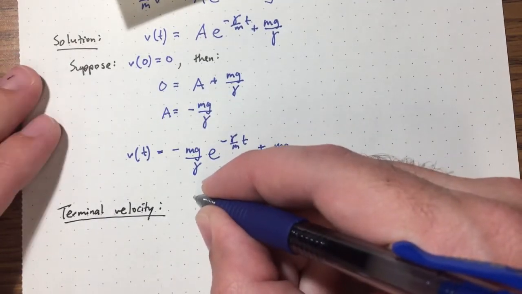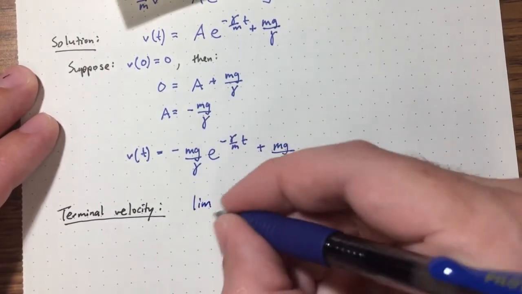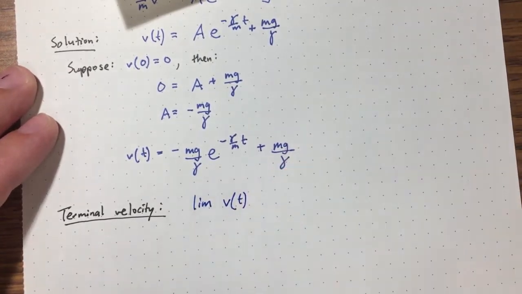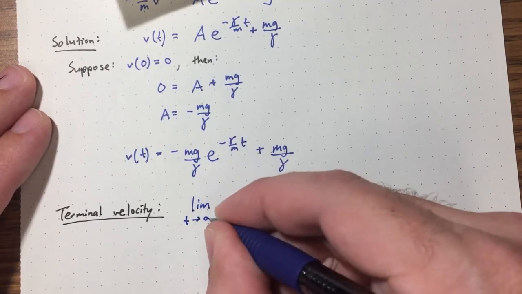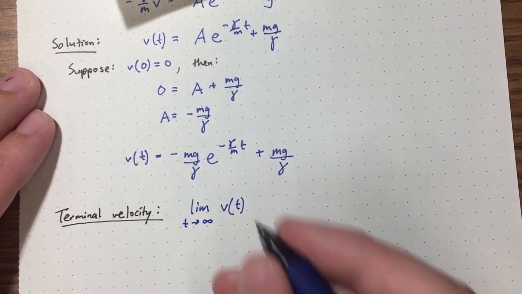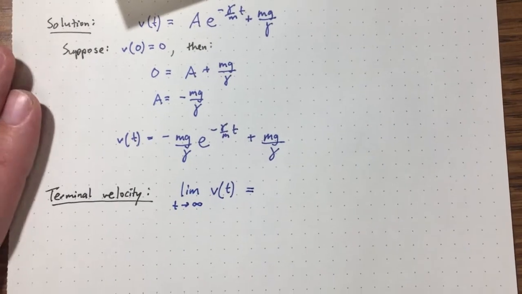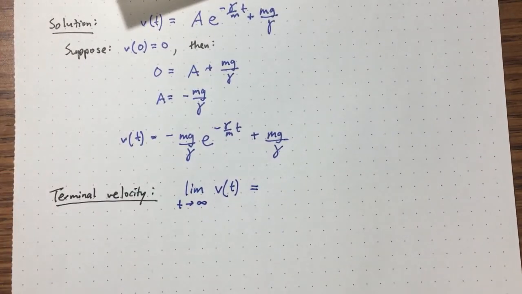So in other words, terminal velocity is just the limit of the velocity as t gets large, as t goes to infinity. It is going to approach a finite value. So what is that value?